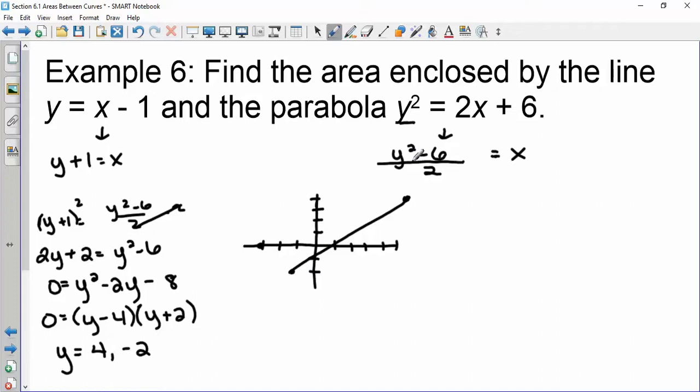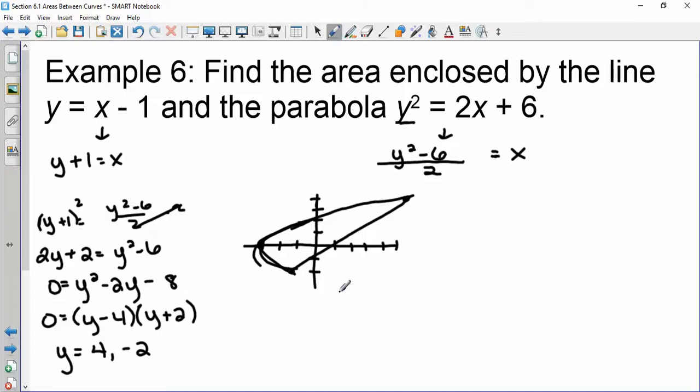If you put when y is 1, for instance, or let's do 2, would be nicer. 2 squared is 4, minus 6 is negative 2, divided by 2 is negative 1. So when x is negative 1, the y is 2. And so this is kind of allowing us to see our graph a little more. It's like a sideways parabola. Okay, so really the endpoints are important. And then beyond that, you just need enough points that you can kind of get an idea of what your graphs look like.